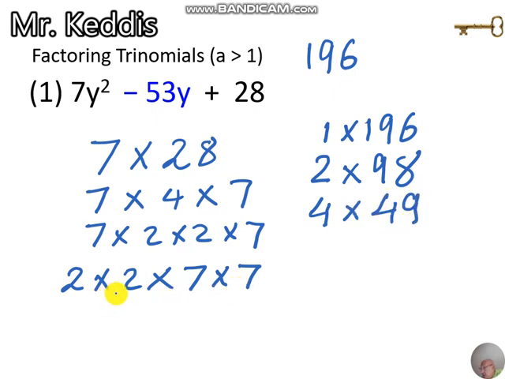There is no 5 and no 6 here, but I can get 7. If I hide the first 7 and multiply the rest, 2 times 2 is 4, times 7, I get 28, which means 7 times 28, the same as the original one. And the last one is 14 times 14.